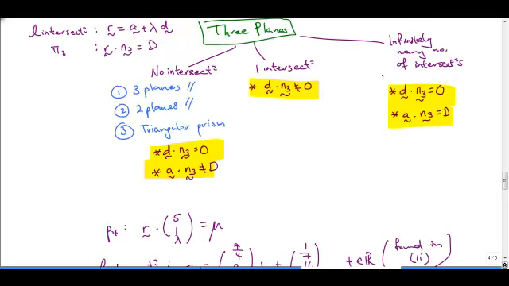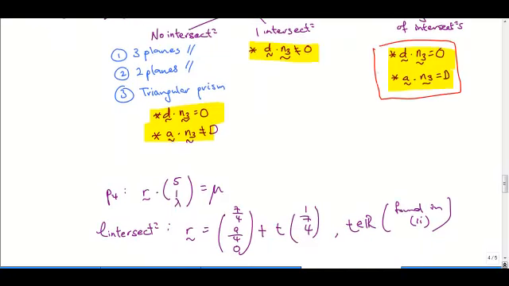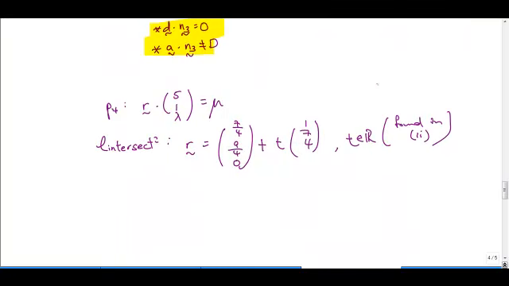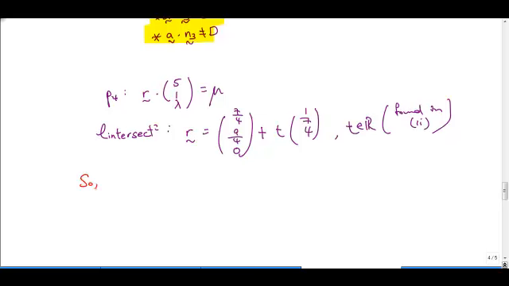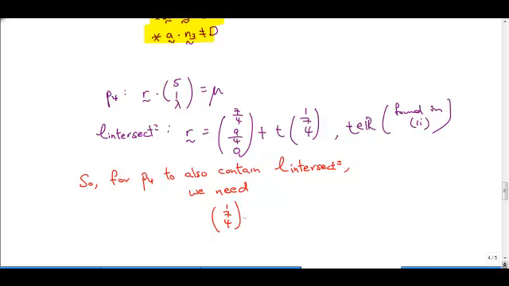If you look at the earlier condition to have infinitely many number of intersections between three planes, these are the two conditions that need to be satisfied, and these are the conditions which we are going to use for this particular question, because we want P1, P3 and P4 to intersect along the line L. So for P4 to also contain the line of intersection between P1 and P3, basically we need (1, 7, 4), the D, dot with (5, 1, λ) to be equal to 0.